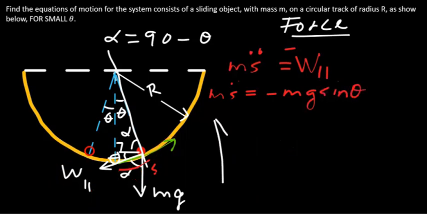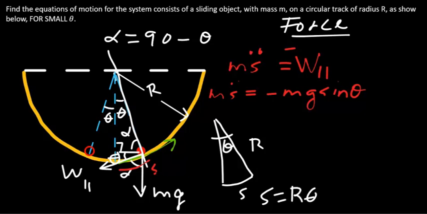Now from geometry, you see this is s, this is r, and this is theta. So that means s equals r theta. Theta is measured in units of radians. So the left-hand side can be expressed in terms of theta. s double dot equals r theta double dot, because r is a constant.